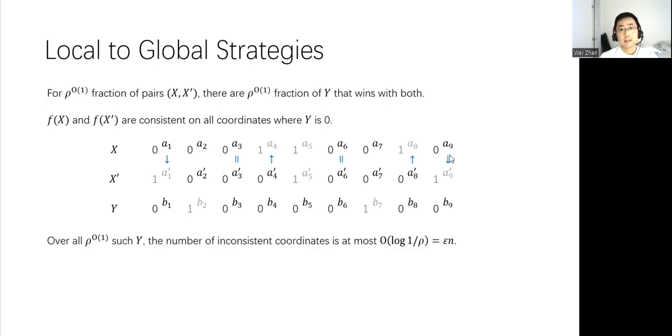So we also know that a polynomial in rho fraction of different y's wins with both x and x prime. So the number of inconsistent coordinates in the answers to x and x prime is bounded by logarithm of 1 over rho, which is epsilon n if we choose rho to be large enough, but still exponentially small.